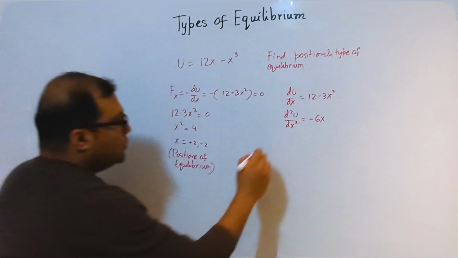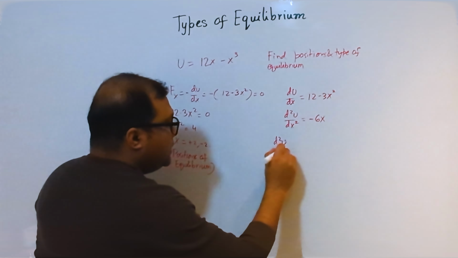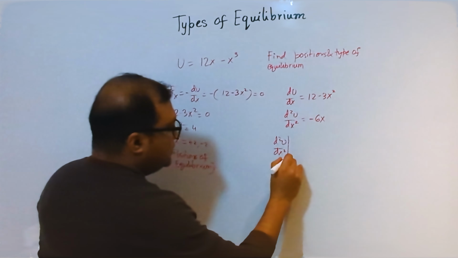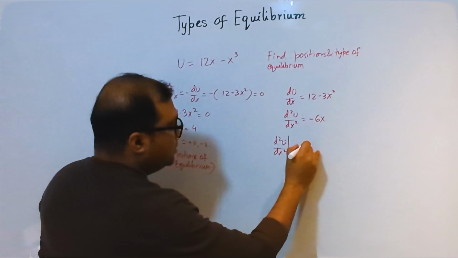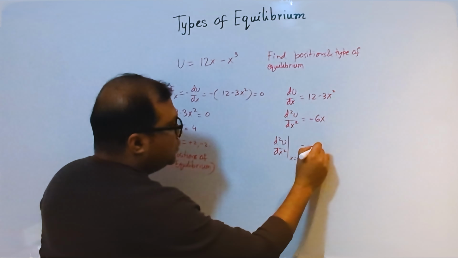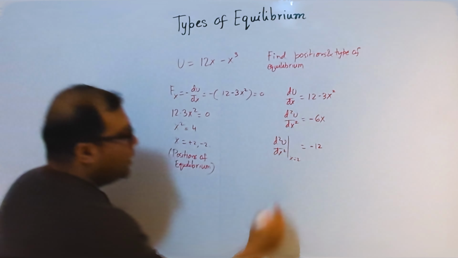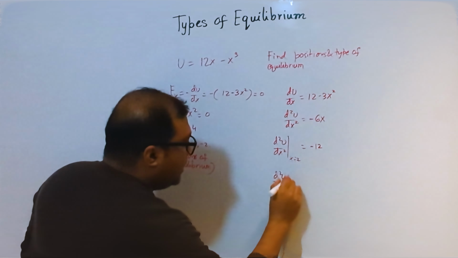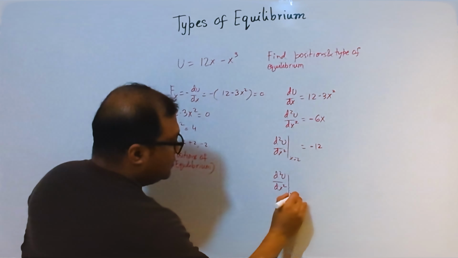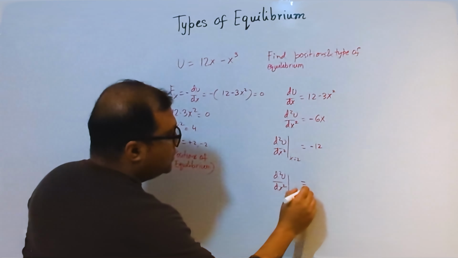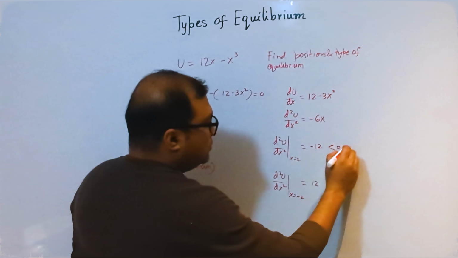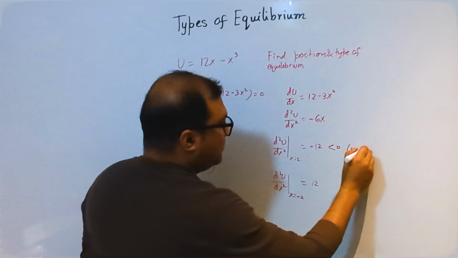So d square u/dx square at x equals 2 is how much? It is minus 12. And d square u/dx square at x equals minus 2 is how much? It is 12.